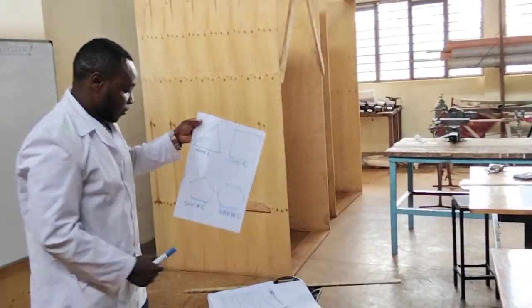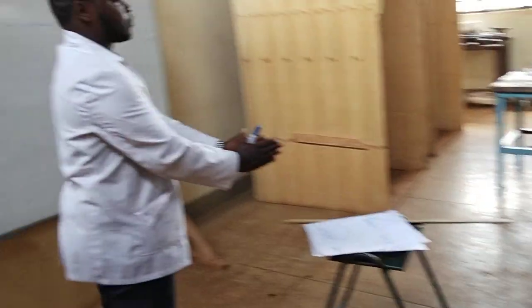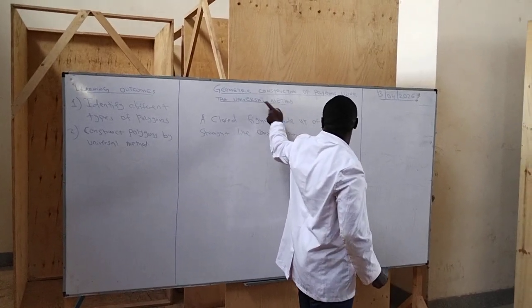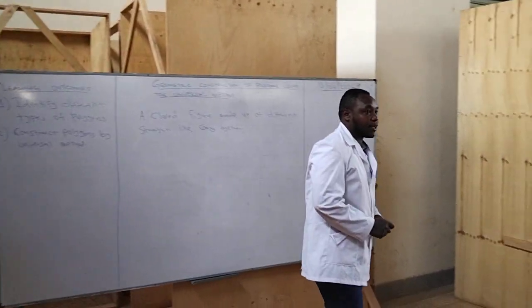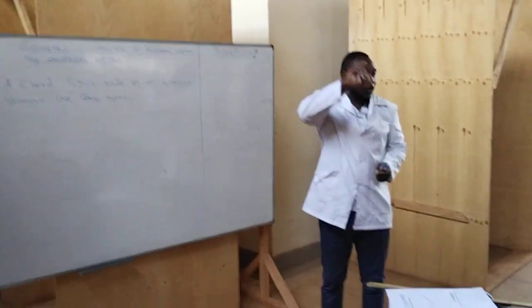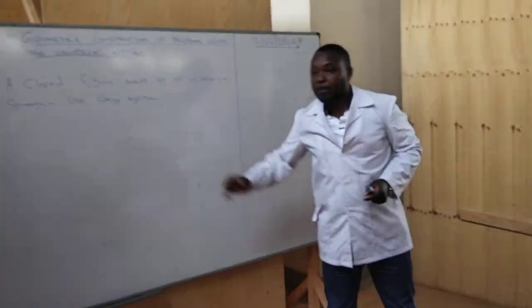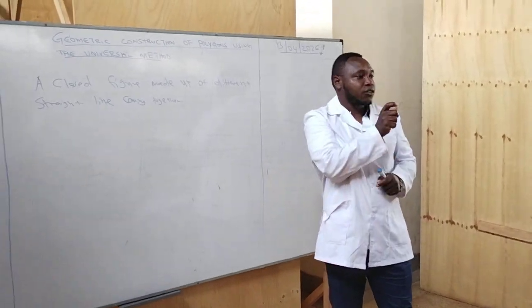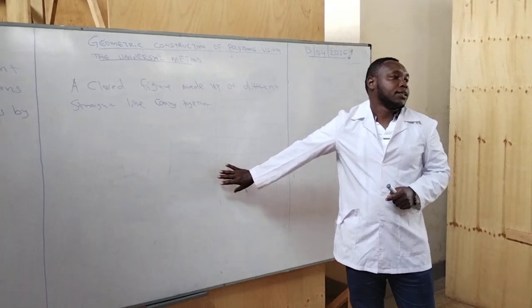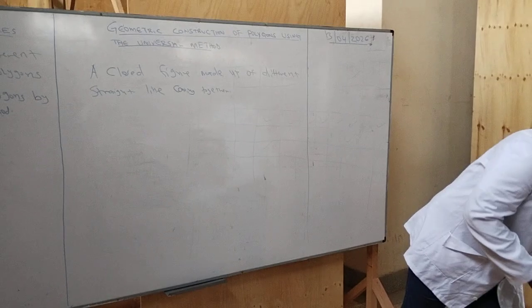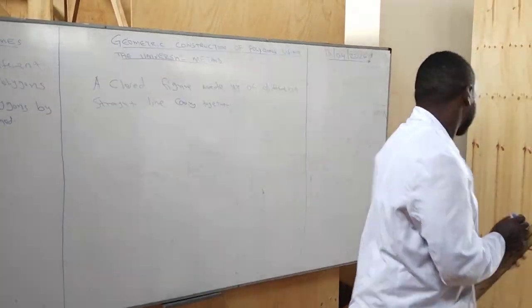So now, I want us to construct this polygon using what we call a universal method. I want to construct step by step, and I want you to follow these steps, and thereafter, I will ask you to construct on your own, okay? So follow it keenly.